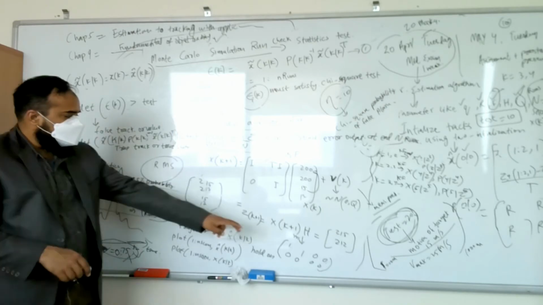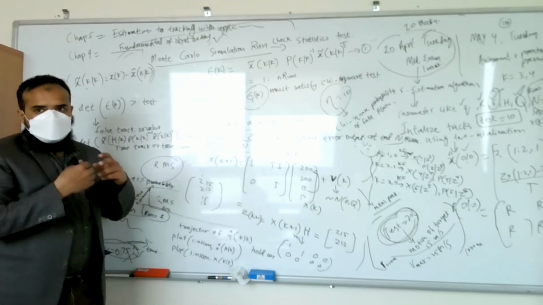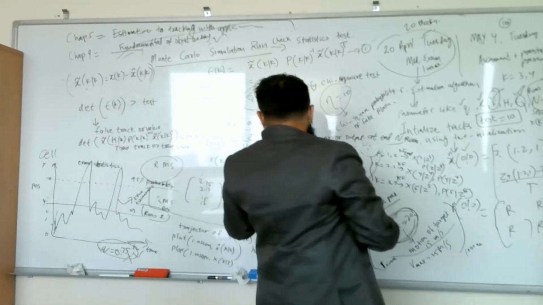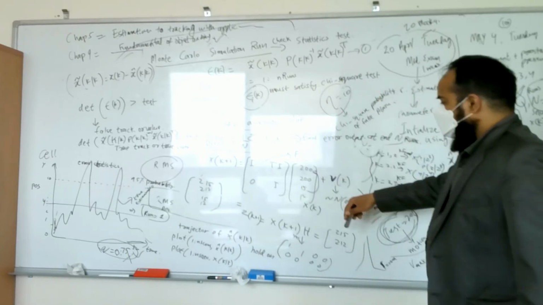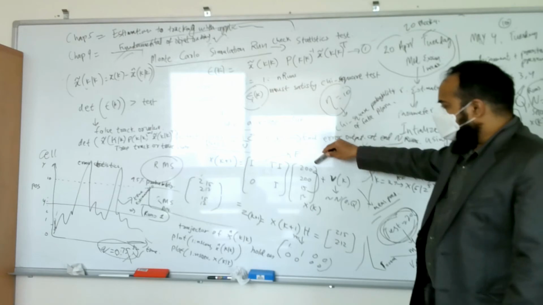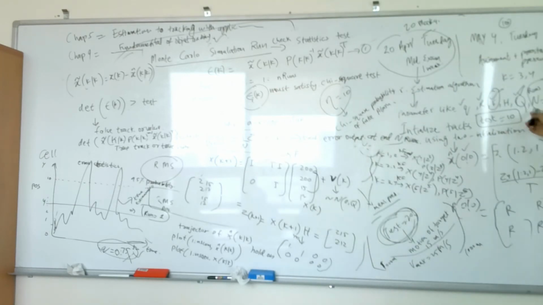So H is used for measurement selection, and F is used for propagation or transition of the state to the next time state. Q is fixed.